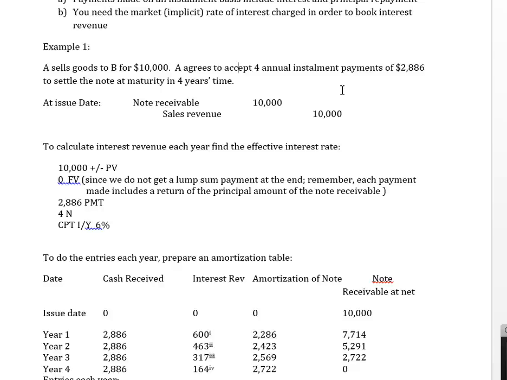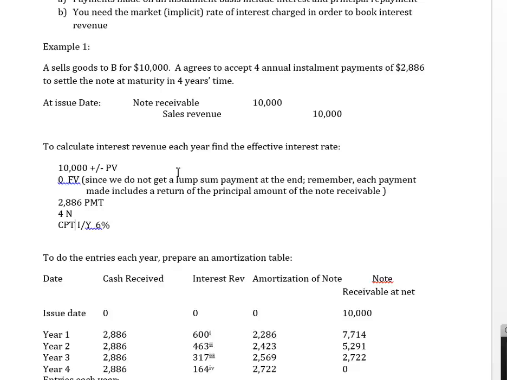If you multiply 2,886 times 4, you'd know that that gives you more than $10,000. So we already know there's going to be interest included in those payments. But in order to calculate the amount of interest revenue that A is going to be booking every time they get a payment of 2,886, we need to do a calculation to determine our I/Y, or our interest rate.